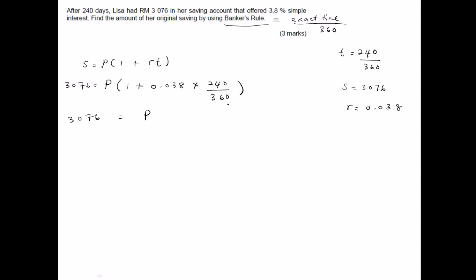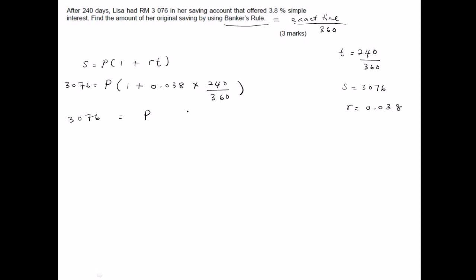Okay, let's solve the values inside this bracket. Just follow exactly what's written here and enter it in your calculator. 1 plus 0.038 multiplied by, for this fraction better to put it in bracket, so bracket 240 over 360. Put the fraction in bracket to avoid mistakes in calculation.